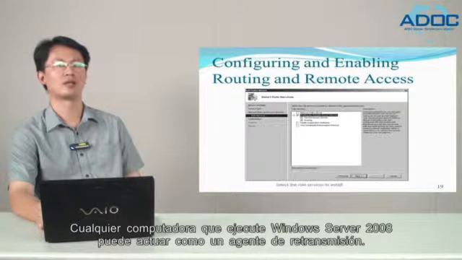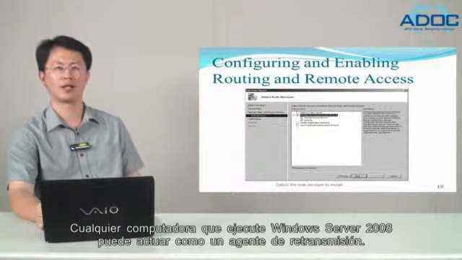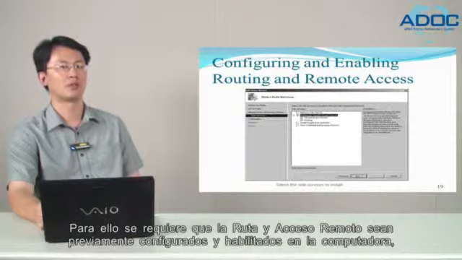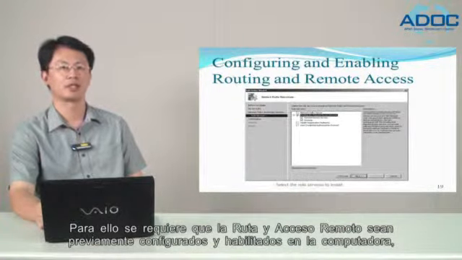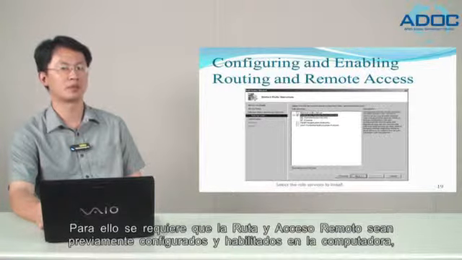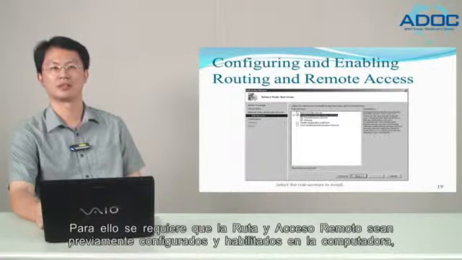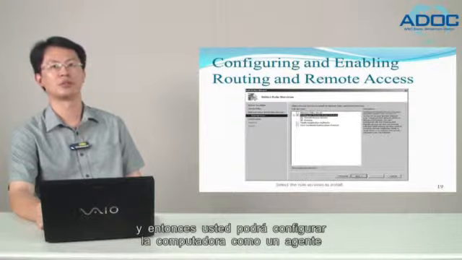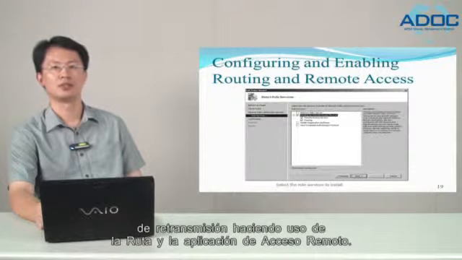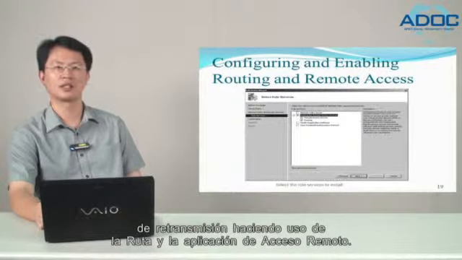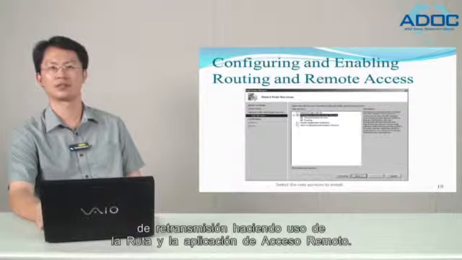Any computer running Windows Server 2008 can act as a relay agent. Doing so requires that Routing and Remote Access be configured and enabled on the computer first, and then you can configure the computer as a relay agent using the Routing and Remote Access console.